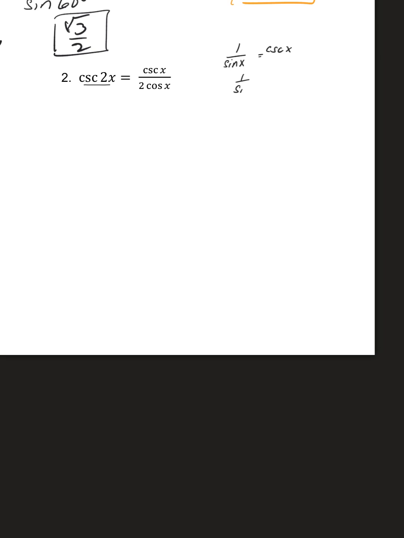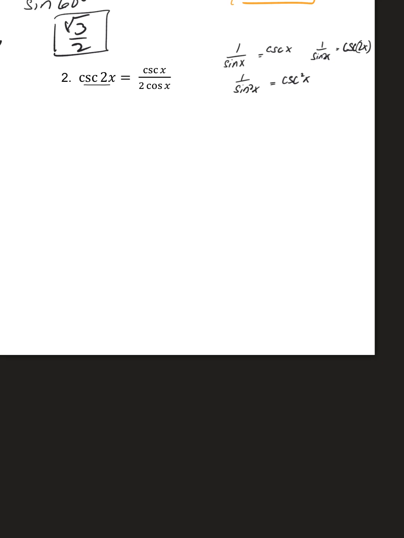If we have 1 over sine squared x, that would be the reciprocal of cosecant squared x. Same thing if I had 1 over sine 2x, that's going to be the reciprocal of cosecant 2x. That carries with you no matter where you go.